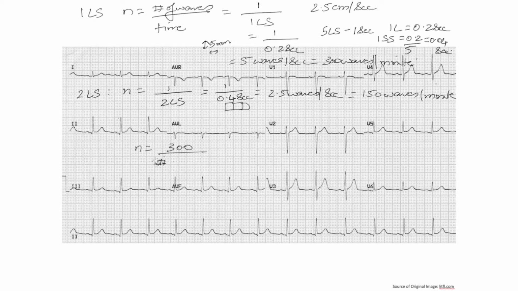Because each large square has 5 smaller squares, if you were to count the smaller squares, you would end up with 300 by the number of small squares divided by 5, because the number of small squares divided by 5 equals the number of large squares. Put another way, this would be equal to 1500 by the number of small squares.